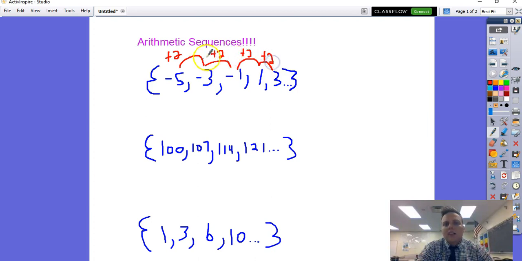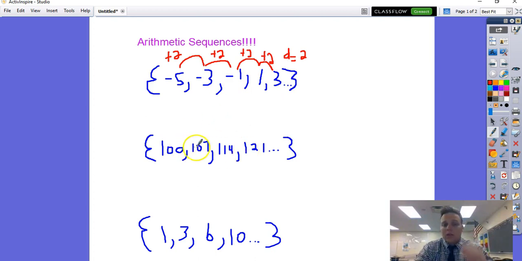Do you see how I added 2 each time? So the common difference is 2. This is arithmetic because I added 2 each time. If you add or subtract the same number each time, that makes an arithmetic sequence.